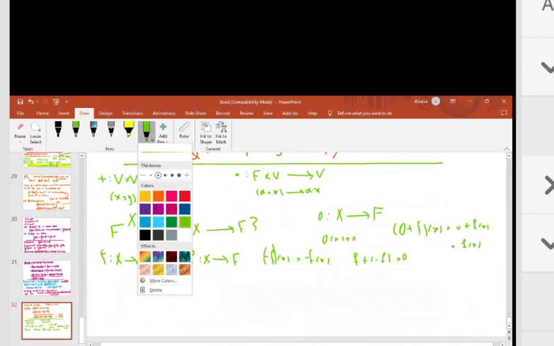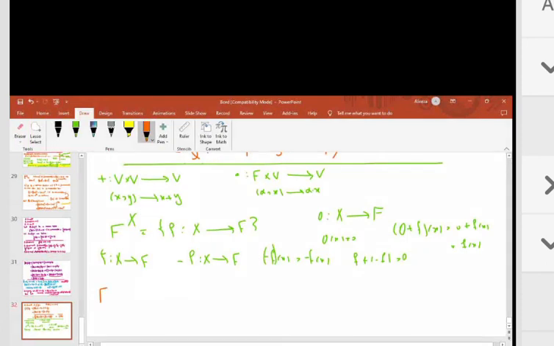For example, let me denote by this the set of all functions from 1 to n to F, and this is equal to F multiplied by F multiplied by F, n times.